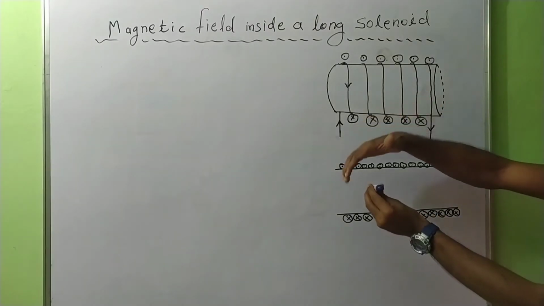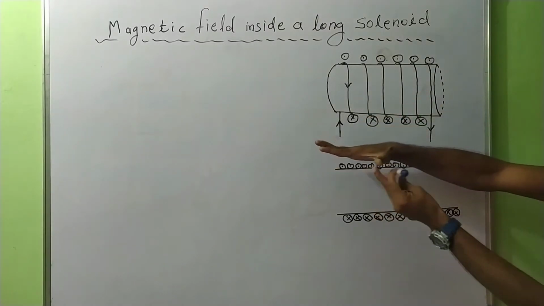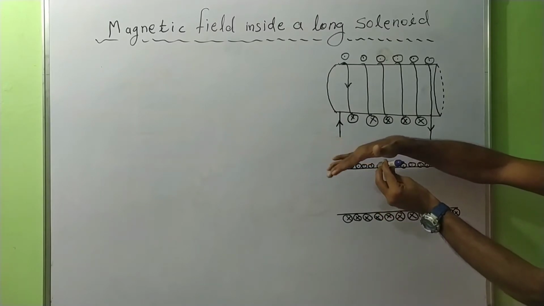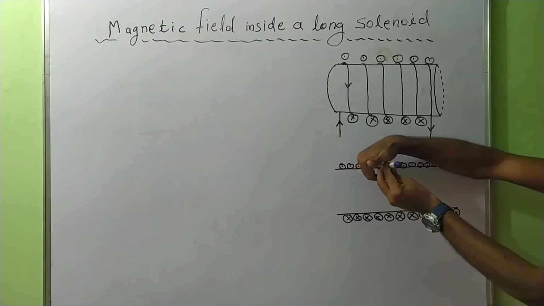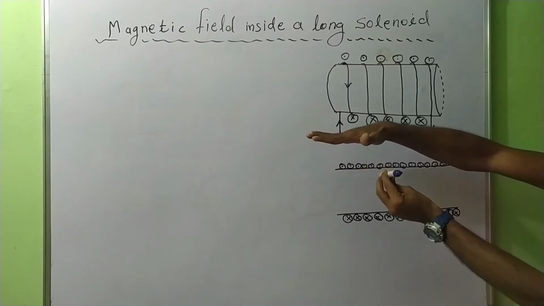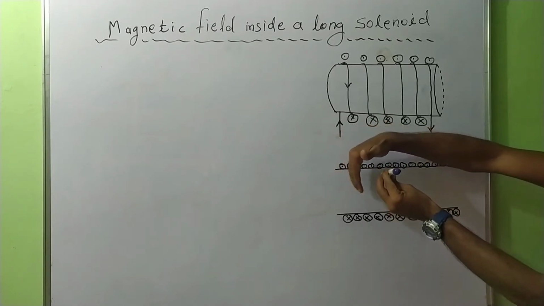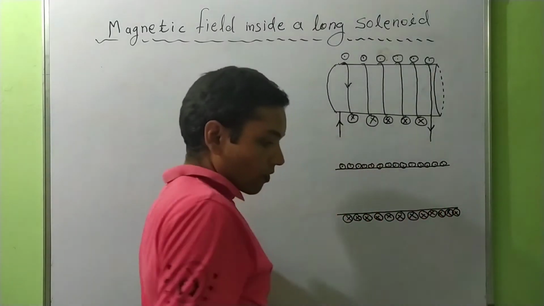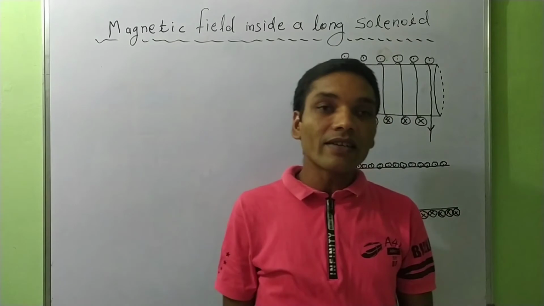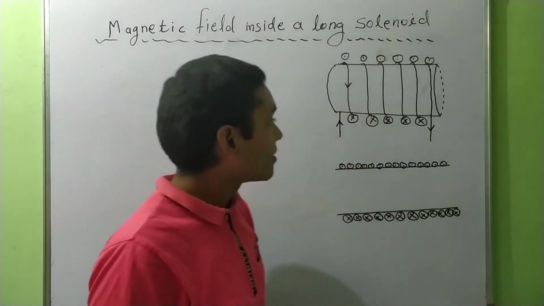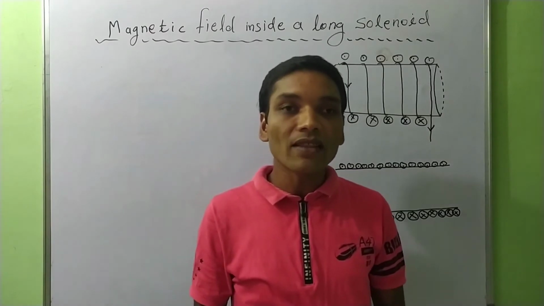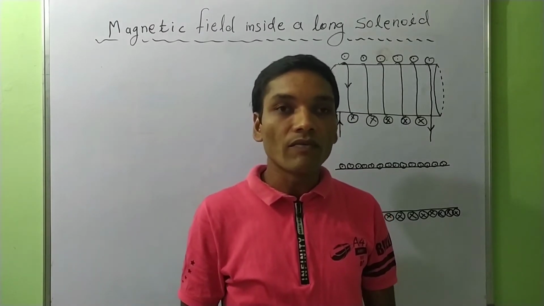By the right hand thumb rule, the thumb shows the direction of current, then the curl of fingers will show the direction of magnetic lines of force, in the inward direction. And we have already studied that inside the solenoid the magnetic field strength is uniform.